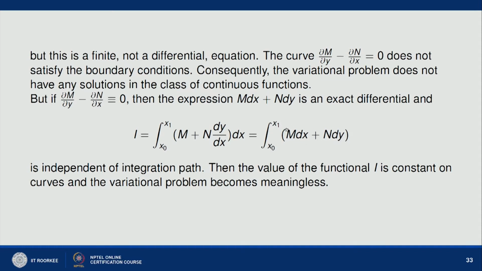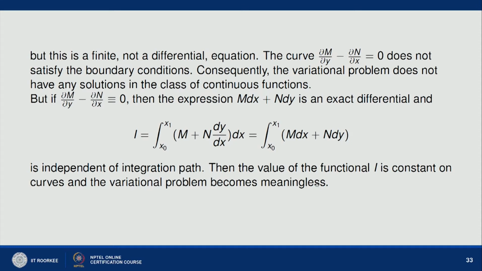We already know from the theory of ordinary differential equations that m dx plus n dy is exact provided m y minus n x is equal to 0. So in that case it is an exact derivative of some function, and the value of I is given by the values at the endpoints. Whatever path you choose, the value of I comes out to be a constant value, and in that case your variational problem becomes meaningless.